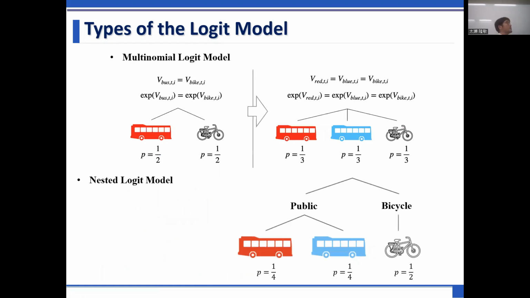Yes. For example, consider the types of logit and the characteristics of the logit models for mode choice, assuming some very simple situations. If there is a city where the modal share of the public transport is one half, and the bicycle is also half.